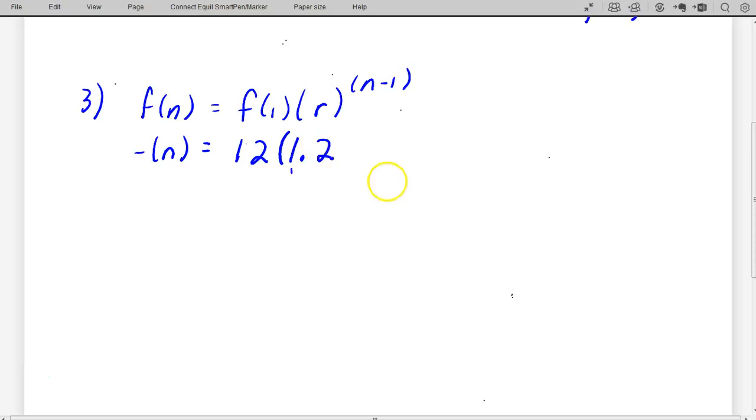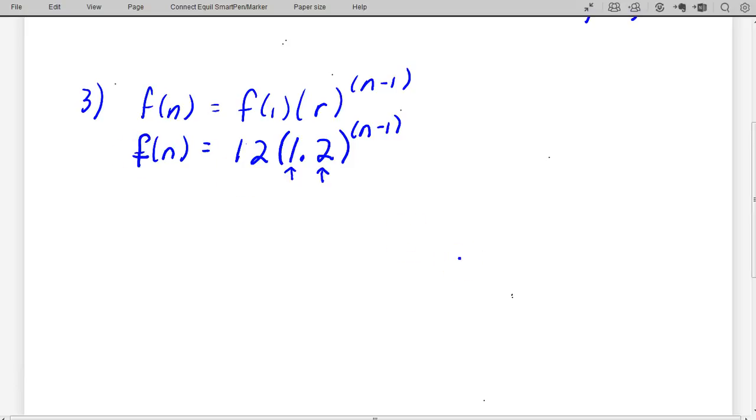So there's my original 100%, and then there's my 20%. So the number I'm going to get out of this equation is going to be the total number of employees for that year. So we'll have to go back and see how many employees it is per year. Oh, that's an f of n, you guys.